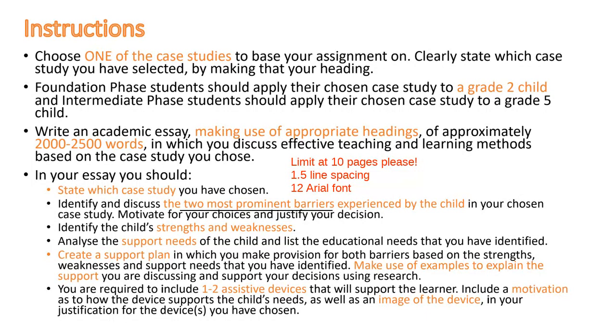And it will benefit you to go and read further in your study guide, because that's going to help you work out what that second barrier is. So usually the first barrier is going to be a fairly obvious type of barrier. And then the second barrier is often something a little bit more subtle, so not as easily physically seen.